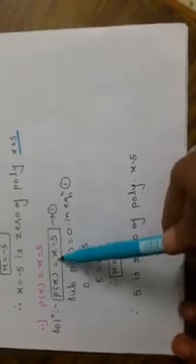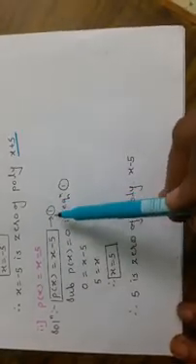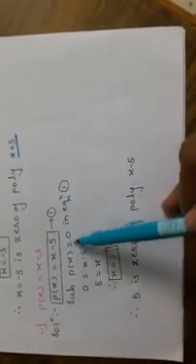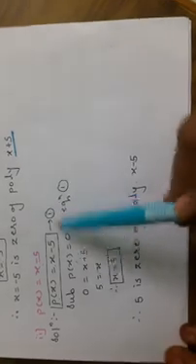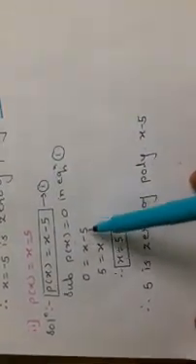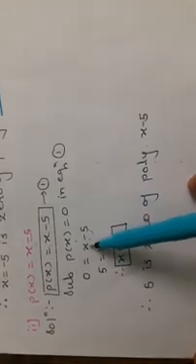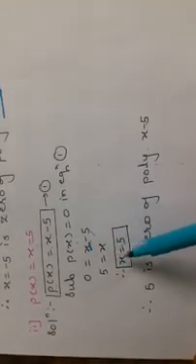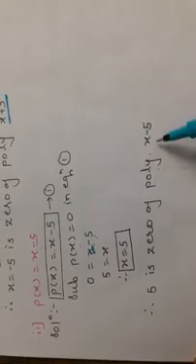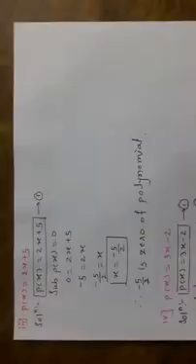So P of x is equal to x minus 5, we will call this equation 1. Substitute P of x equal to 0 in equation 1. So the left hand side is 0, which is equal to x minus 5. We will shift minus 5 because we have to find the value of x. x is equal to 5. Therefore 5 is a 0 of the polynomial x minus 5.